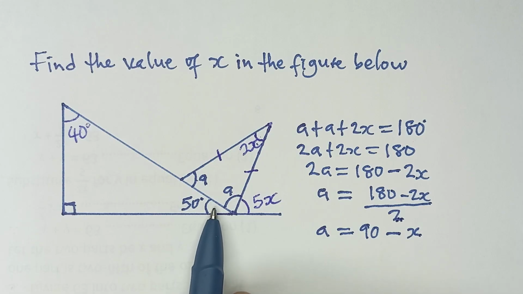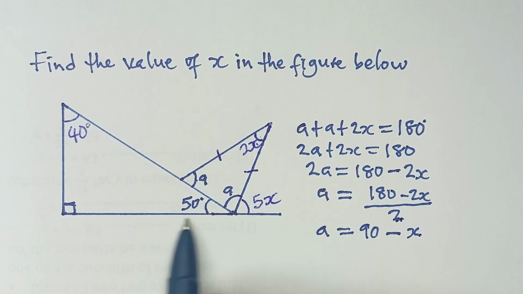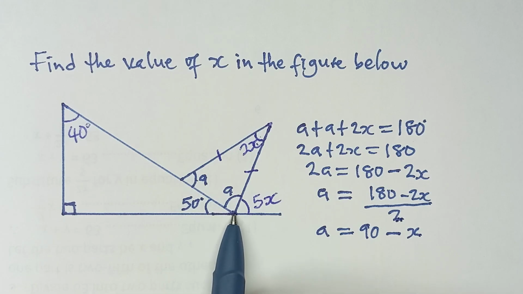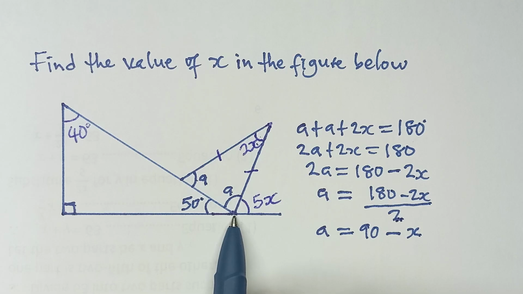But if you also look at this line now, you see that this is a straight line. At the same point on this straight line, we have three angles: 50 degrees, angle A, and 5x. When you have angles on a straight line, don't forget the angles must be at the same point, but separated by lines at that point.